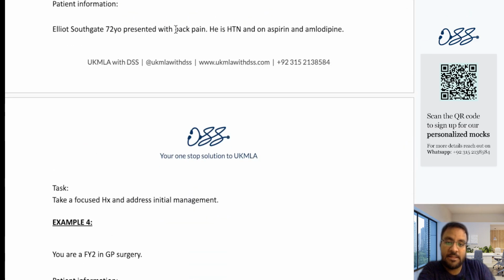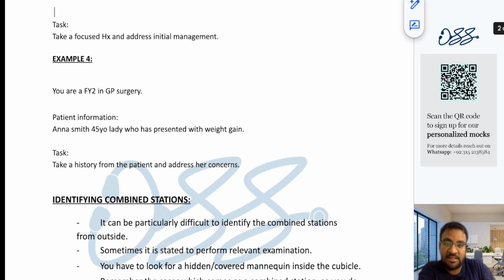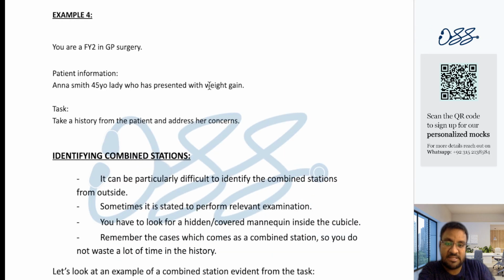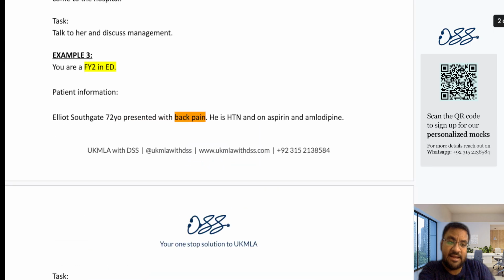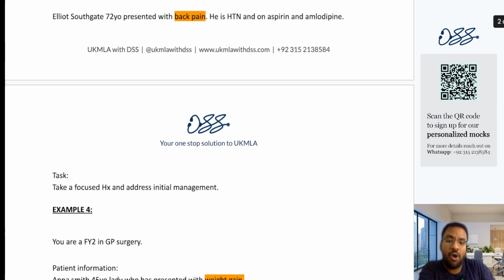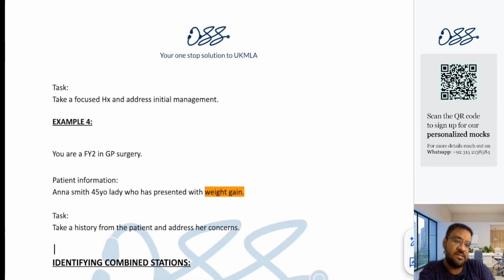Then there is back pain, another symptom that is mentioned. Then in the next station you can see the symptom of weight gain is mentioned. So automatically the differentials of tiredness, weight gain, back pain, or whatever symptoms are mentioned in the task, those differentials should come to your mind.